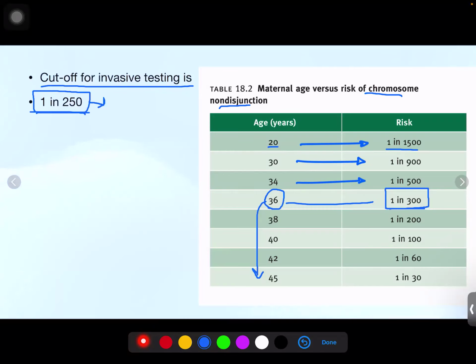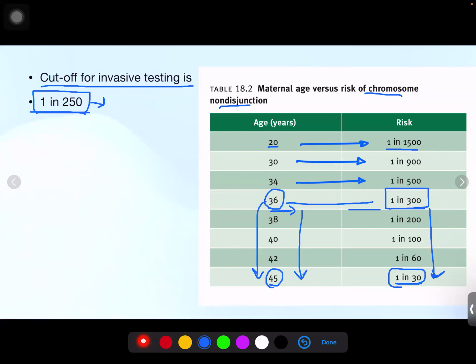But this is considered high risk if the risk is 1 in 250. So around 36, 38, after age 37, these are high risk for chromosome abnormalities. So age is a very, very significant factor in chromosomal abnormalities. Advanced maternal age is a very important risk factor. If the age of the mother is 45, then the risk of chromosomal abnormalities is 1 in 30. It's a very, very high risk.